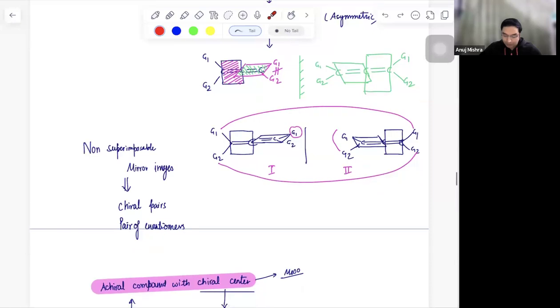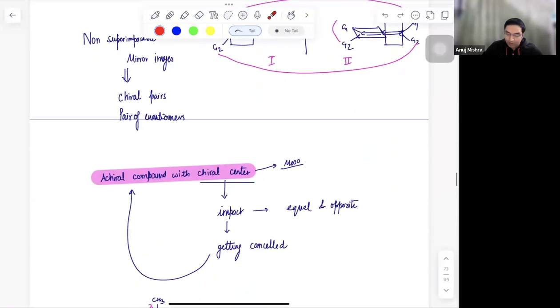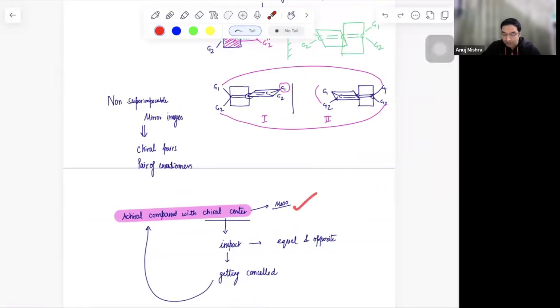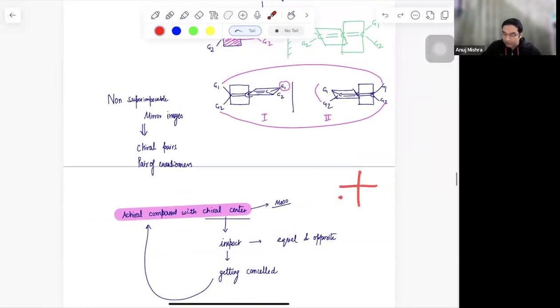Next part. An achiral compound with chiral centers. How will you draw that? An achiral compound with chiral centers can be a meso example. You have done the meso example earlier. Let's say COH, COH, HOH, HOH. Can you recall these kinds of cases?